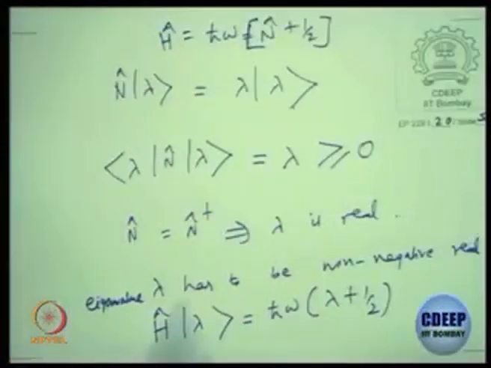But why integers? This condition only tells me lambda has to be real. I have not yet proved that lambda is an integer. I only said from this algebra, introducing the ladder operators, that lambda has to be non-negative and real. We still need to prove that lambda is an integer. We will do that.